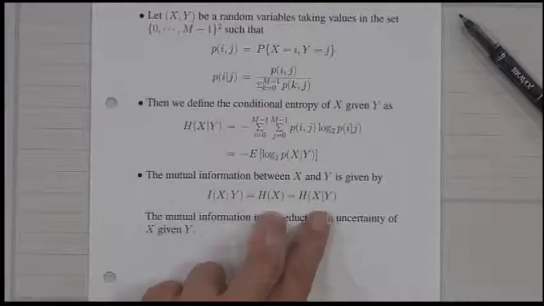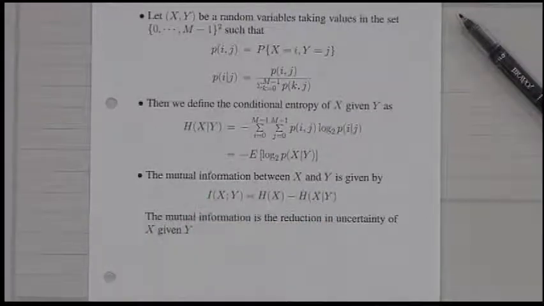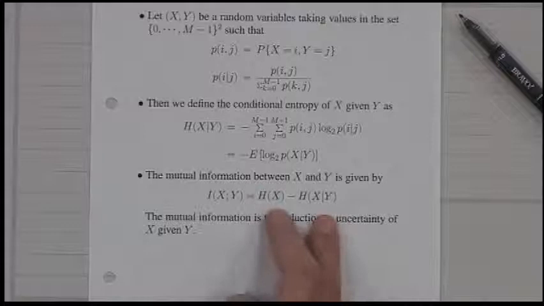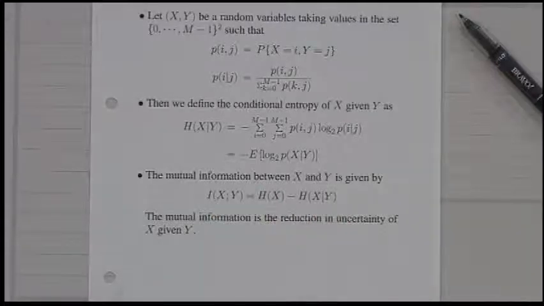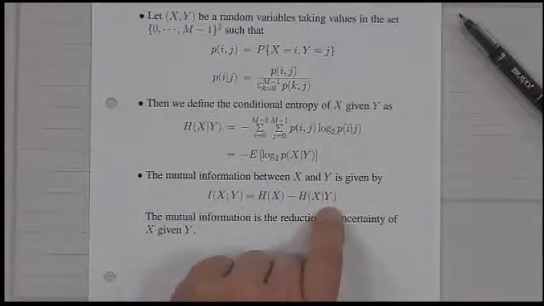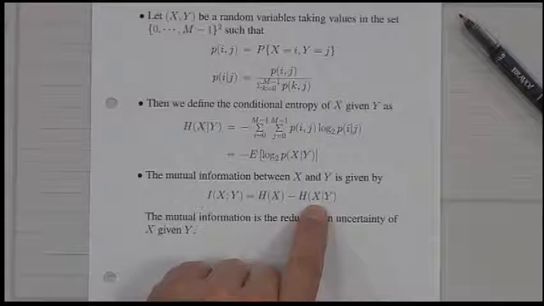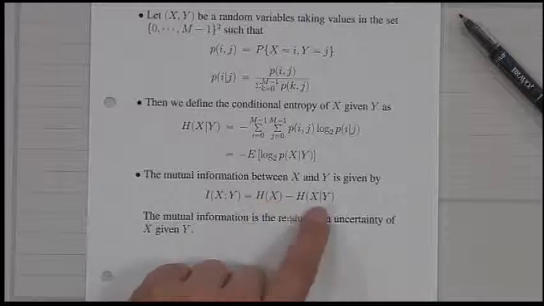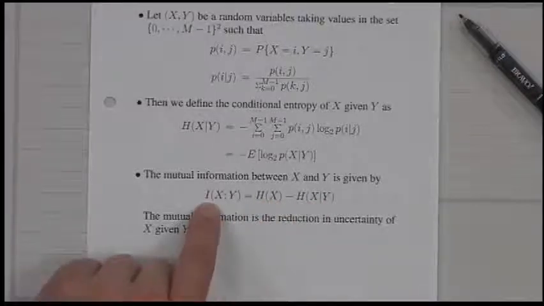And in that case, the mutual information will be 0, because these will be identical, and you'll subtract them and get 0. If, on the other hand, y tells you a lot about x, then the uncertainty in the values of x will be much smaller than it would have been otherwise, and this difference will be larger, and the mutual information will be large.